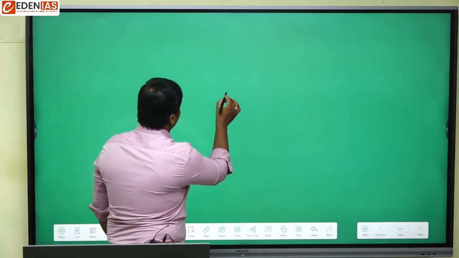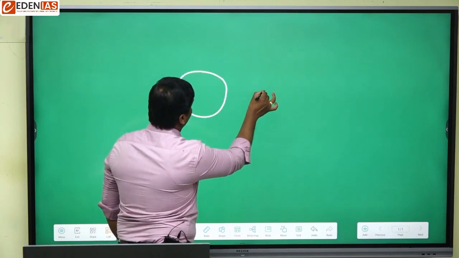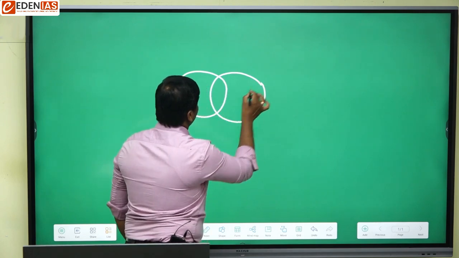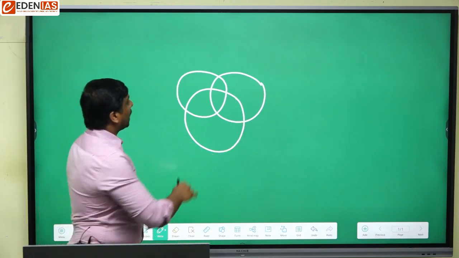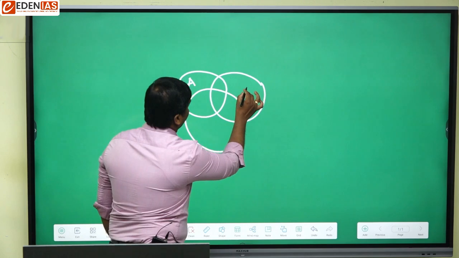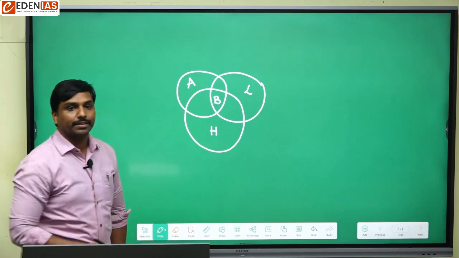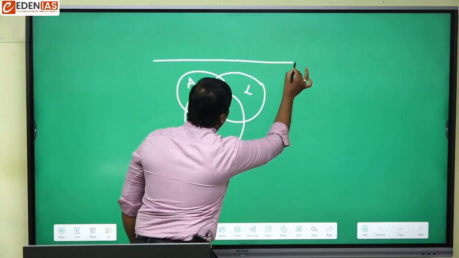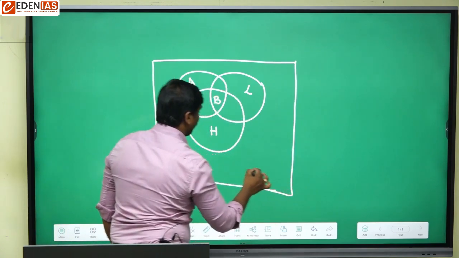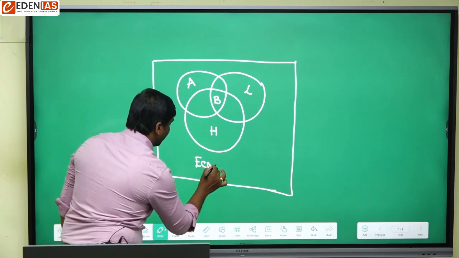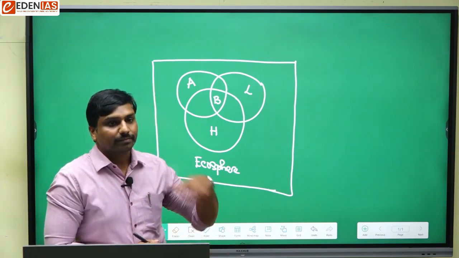You can present this in the form of a Venn diagram: mention the hydrosphere, the lithosphere, the atmosphere and the biosphere, and together all these components make up another entity called the ecosphere. In the ecological realm we call it the ecosphere.